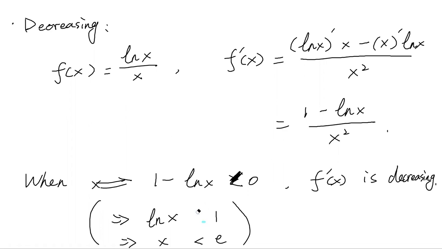Yeah, my bad. This is natural log of x is greater than 1, because you can move this part to the other side, or you just add natural log of x on both sides. You get natural log of x is greater than 1. So x should be greater than e. So when x is greater than e, f of x is decreasing.